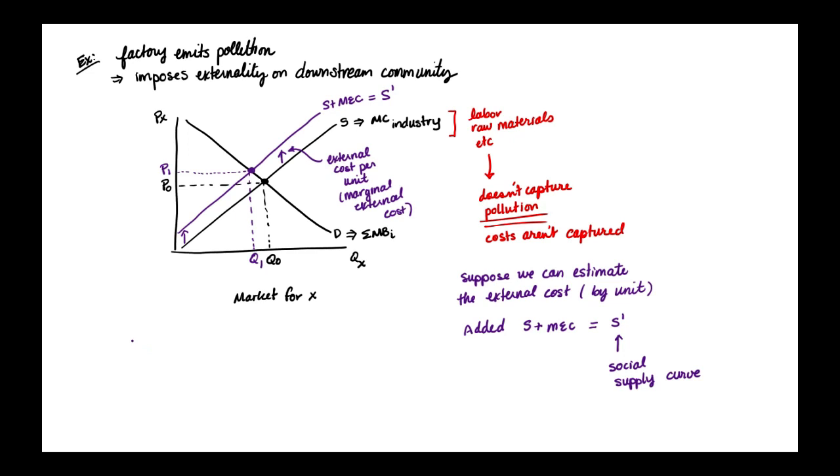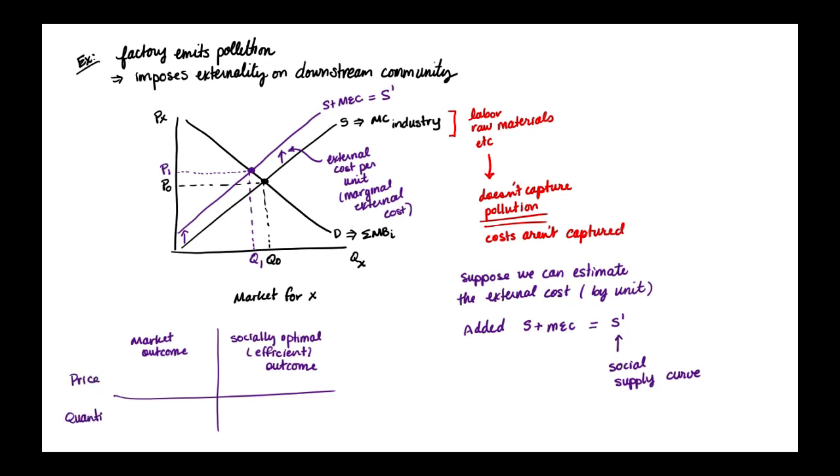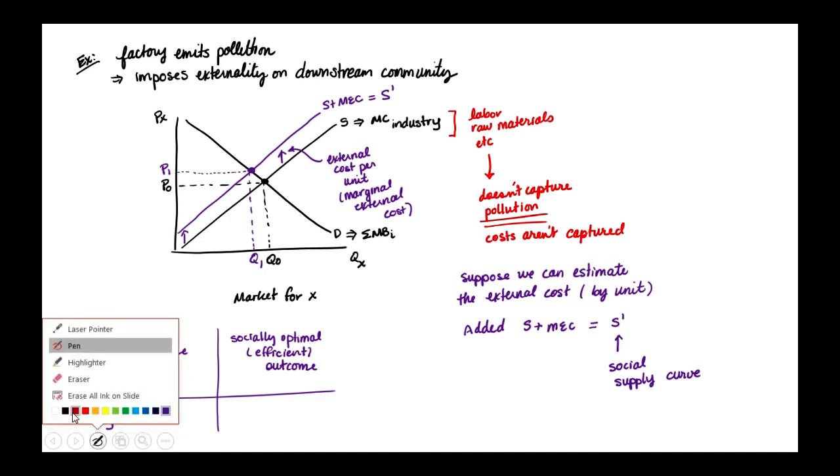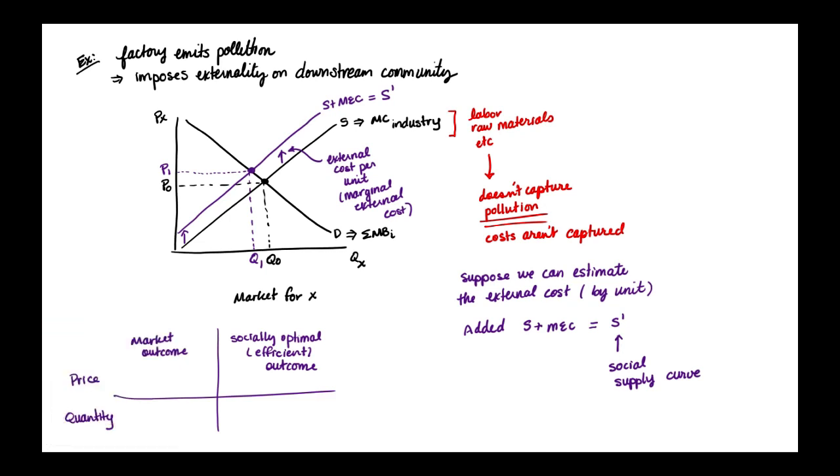So we have to compare. We have a market outcome, and then we have a socially optimal outcome. And they give us different prices and different quantity. So the market's going to operate at what price, guys? The market's going to operate where? What price? The market's going to set what price? P0. P0, right?